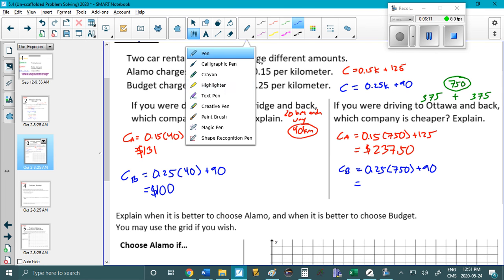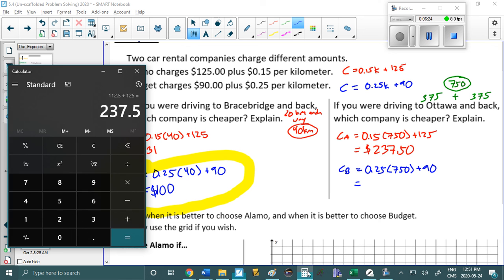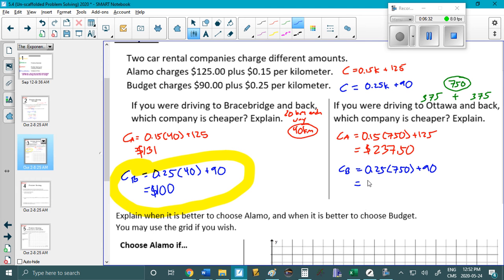Oh, sorry, over here, which company is cheaper? Budget was cheaper. Okay? And let's finish this one. I would love for you to pause and try to finish up some of these without me, but that is up to you. Plus 90, 277.50. So Budget was cheaper to go to Bracebridge. Alamo's cheaper to go to Ottawa.